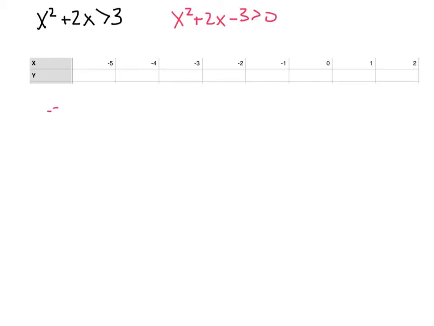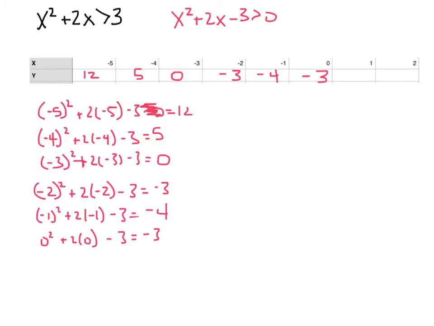So negative 5 squared is 25 plus 2 times negative 5 minus 3. So 25 minus 10 is 15, minus 3 is 12, and so on. Okay, so we've done a few of them. As we see the y values, 12, 5, 0, negative 3, negative 4, those are all going down, and then they start bouncing the other way to negative 3.